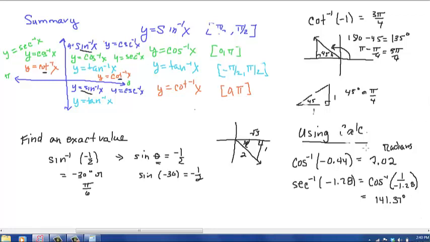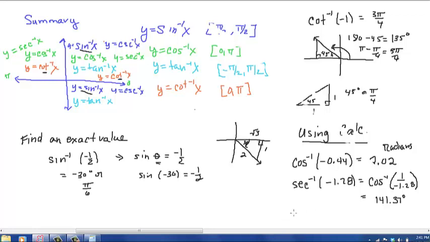All right, so like I said, the functions and the reciprocals work similarly, but where you could run into trouble is with tangent and cotangent because they're not the same. Tangent we're restricted from negative pi over 2 to pi over 2, but cotangent we're restricted from 0 to pi. So they're a little bit different when you're finding values.